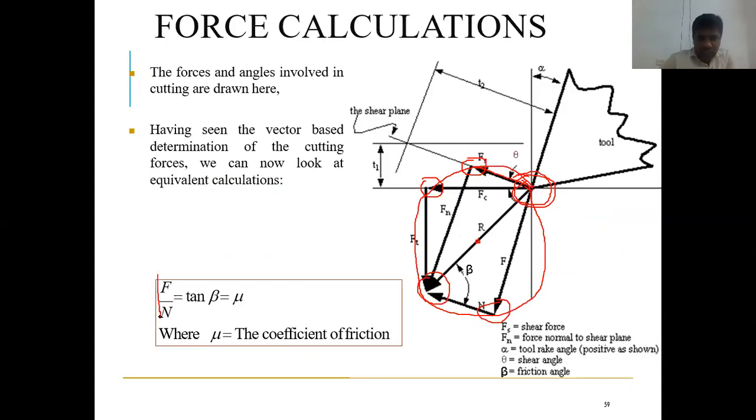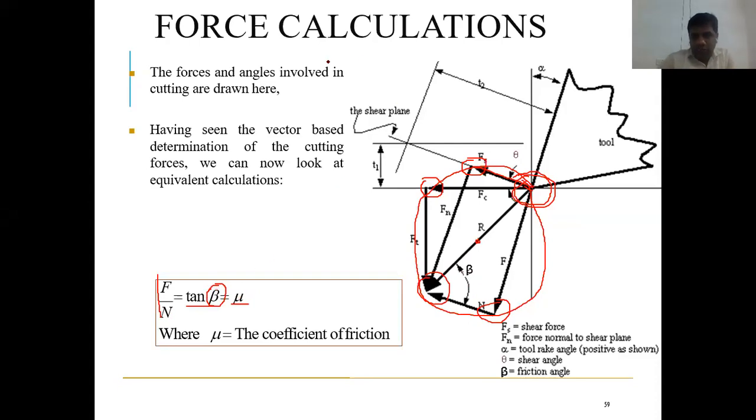So F by N, where F is the frictional force and N is the normal reaction, equals tan beta. F by N is the coefficient of friction, as you studied in engineering mechanics. From this geometry, this equals tan beta. So tan beta equals the coefficient of friction, mu. Whatever angle is coming here is the friction angle.